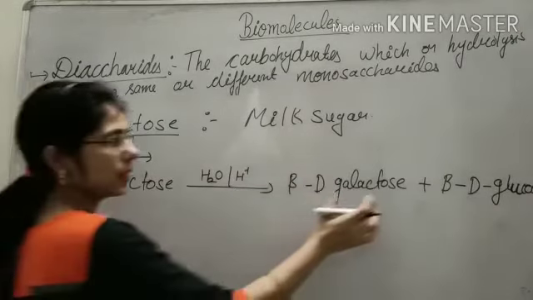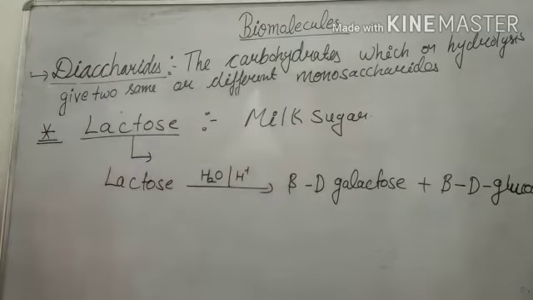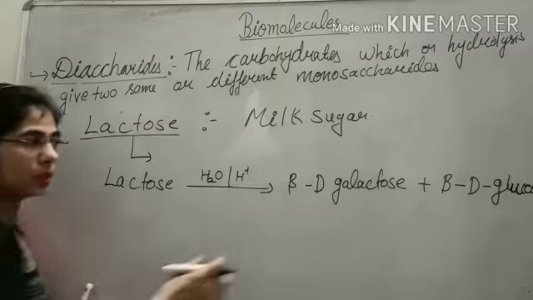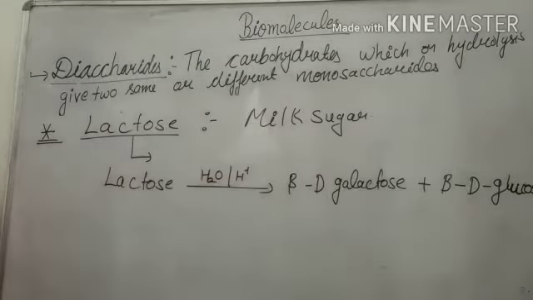And these galactose and glucose are epimers of each other. What are epimers? A change in the configuration of OH at any one chiral carbon atom. So they are epimers of each other. Okay?